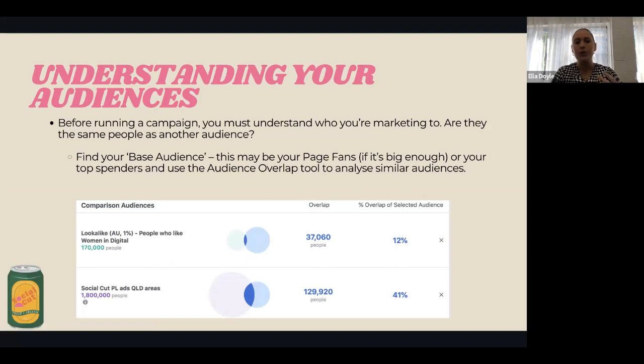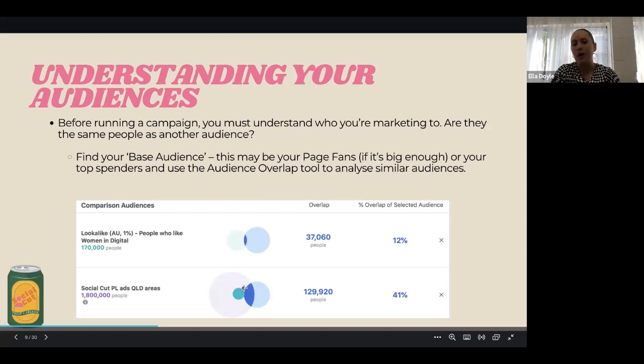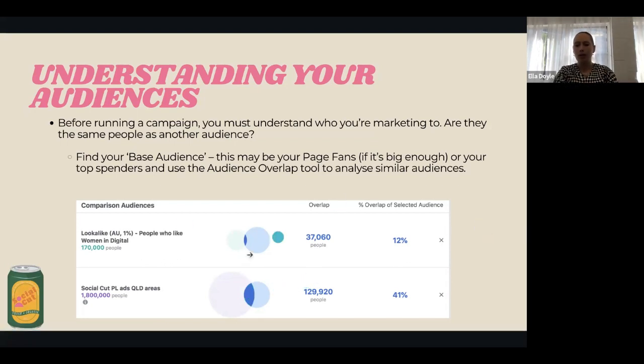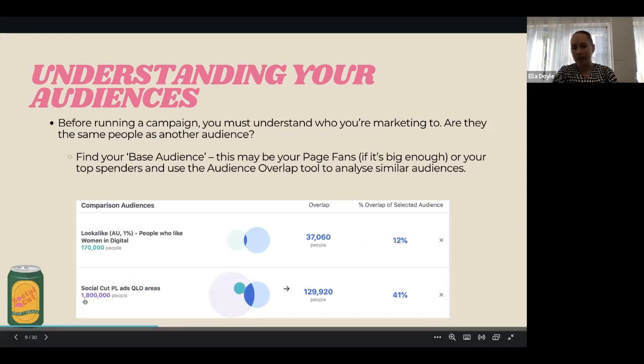So we've popped back to have a look at the overlap between those two audiences and see: are we actually targeting two separate audiences, or are they the same audience? For the first one, this is definitely a separate audience because we've only got a 12% overlap. For the second one, it is probably going to be very similar people.